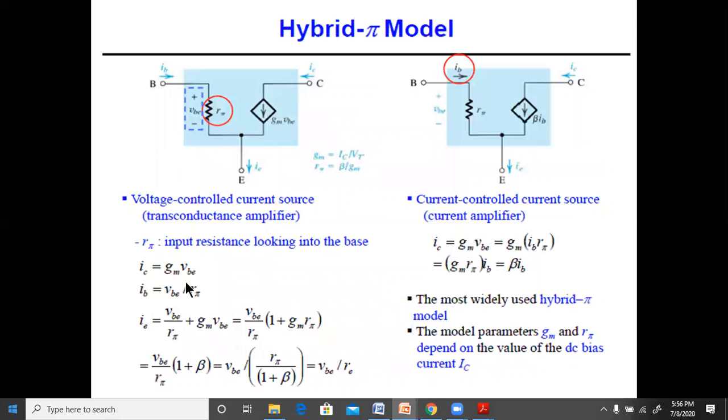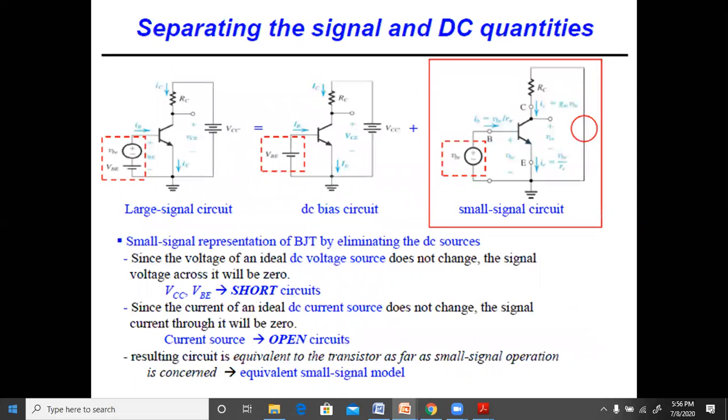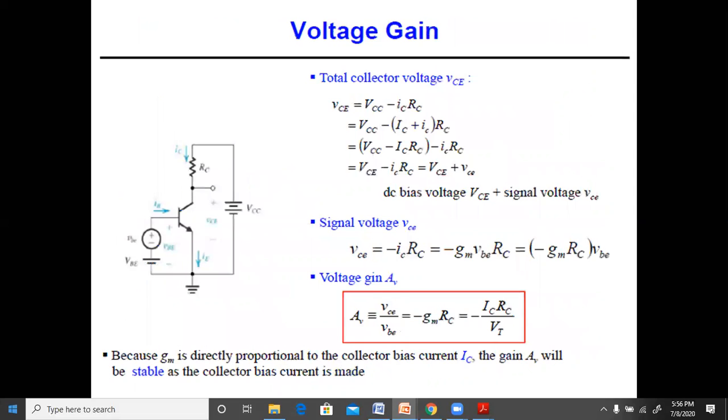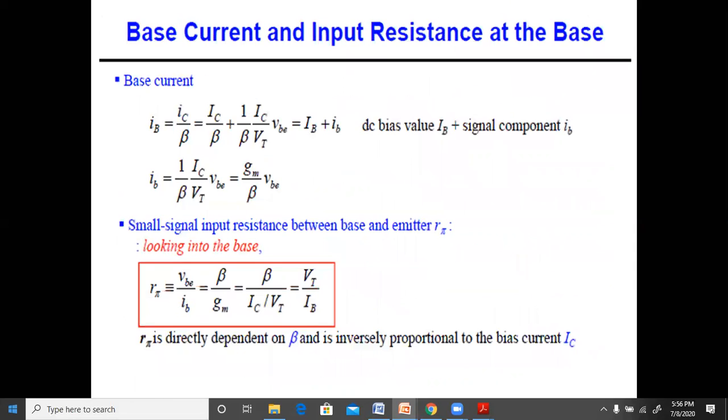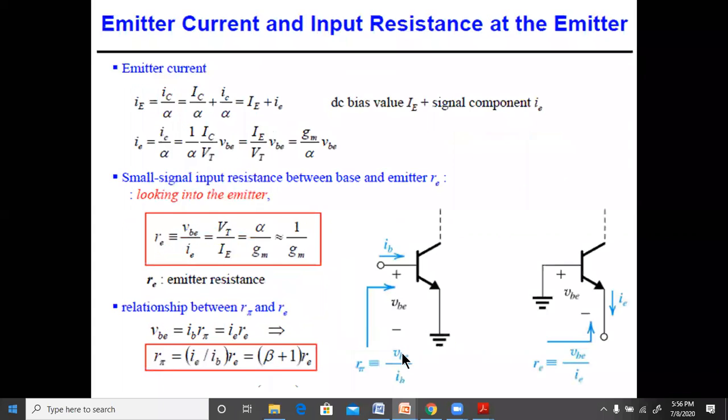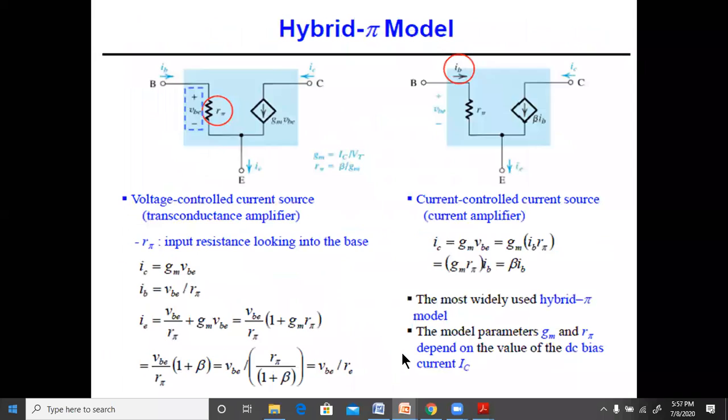In the derivation of R pi, we mentioned that R pi is VB by IB. So IB will be VB by R pi. There are different ways of representing the same thing.